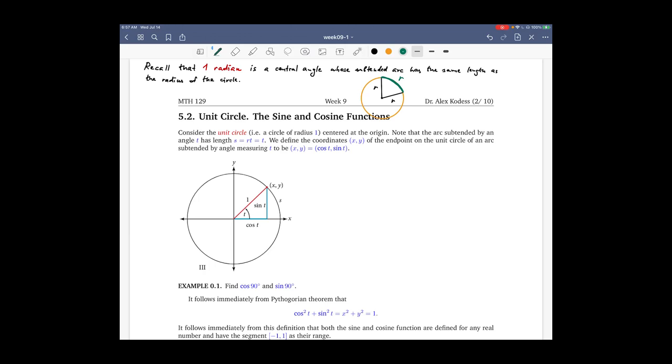If you consider a central angle of theta radians, of course the length of the arc subtended by that angle will be theta times r.